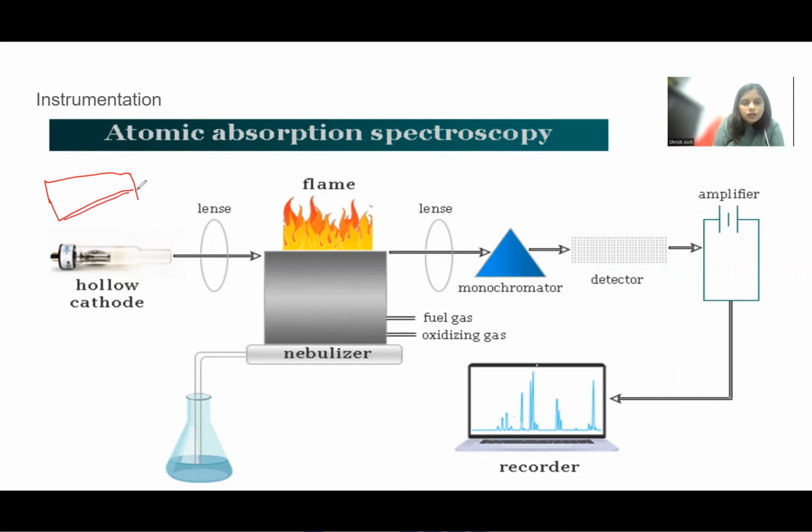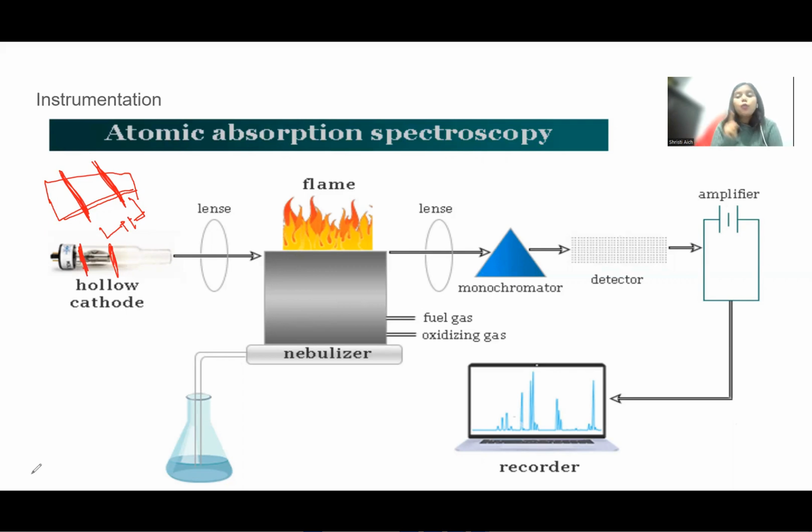Now this hollow cathode lamp, if I draw it, sorry for my bad diagram. Here one cathode is there, one anode is there, and of course high voltage is going to be applied. This cathode is made up of the metal of interest.